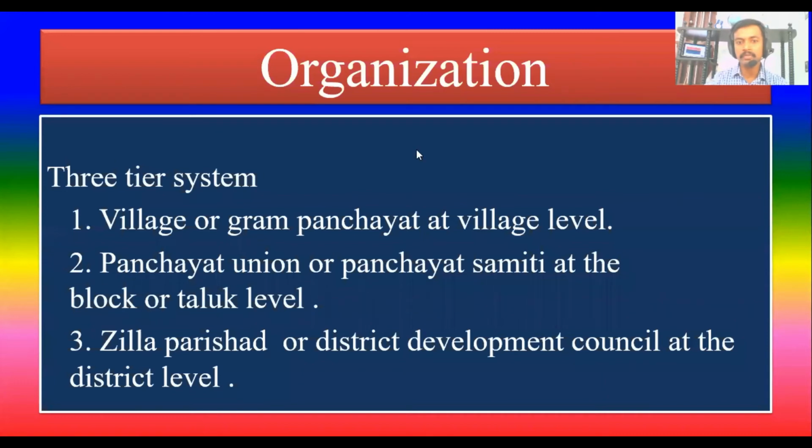Now the election is going on, we need to know about it, okay? The fact is that when you are living in a village, you should exercise 3 votes. 3 votes means 1 Gram Panchayat member, 1 Panchayat Union member, 1 Zilla Parishad member. Clear about it? So we choose 3 members to govern the Indian villages.